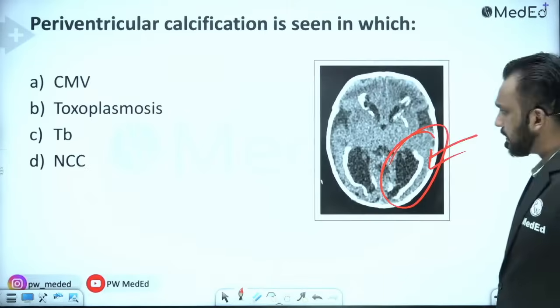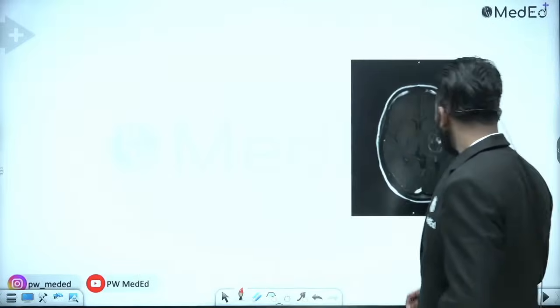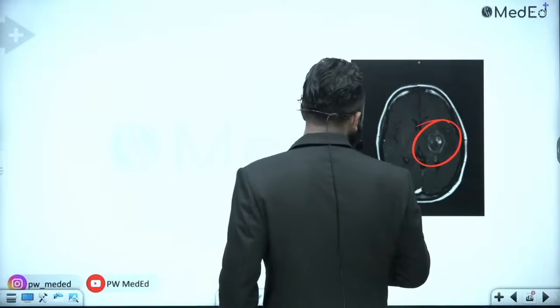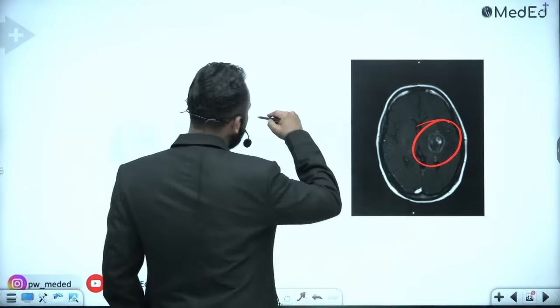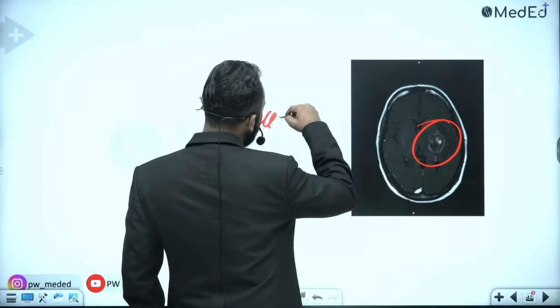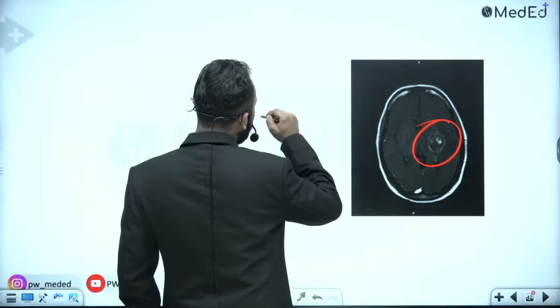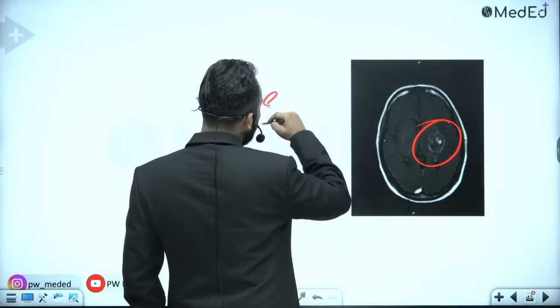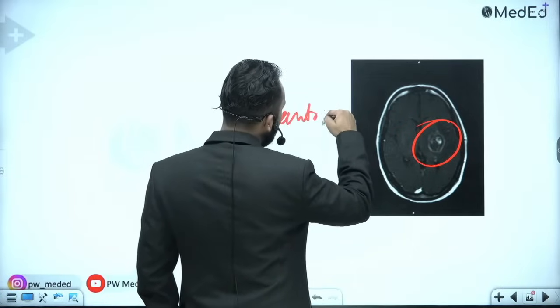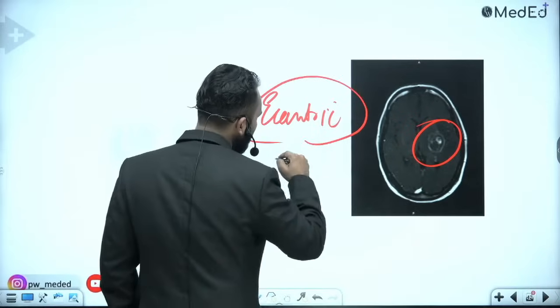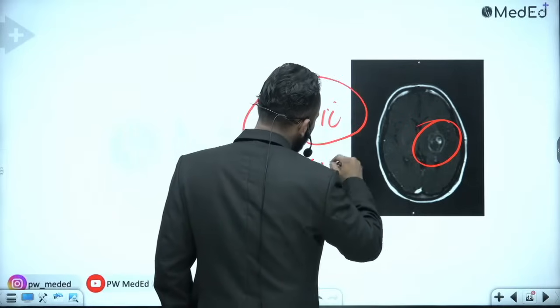In toxoplasmosis, you are going to see an eccentric target sign, sorry, an eccentric dot sign. Just remember this sign of toxoplasmosis, eccentric dot sign.